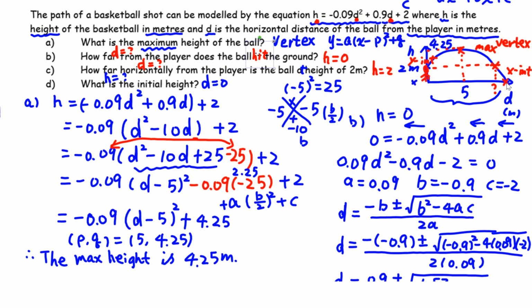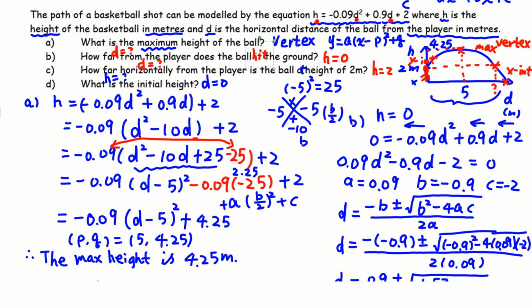Find the x-intercepts, then the midpoint. Find the p-value, the x-coordinate of the vertex, then to find the y-coordinate of the vertex, substitute. So most of the time, when you are looking for the y value, you just sub in the x value. So this is for this question. Then we are going to see the next question.